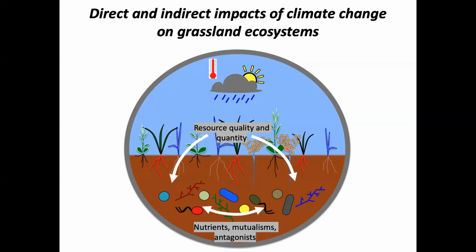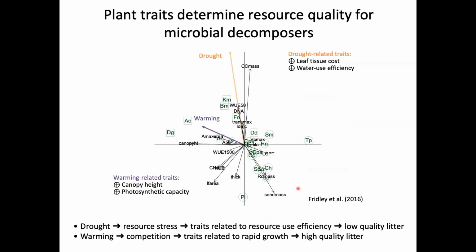Those could be from leaf litter or from root exudates, but also there could be changes in species interactions through mutualisms and antagonisms within that soil community. And I'll say a little bit about how that soil community is responding, and later on a bit about how inputs might be shaping that.